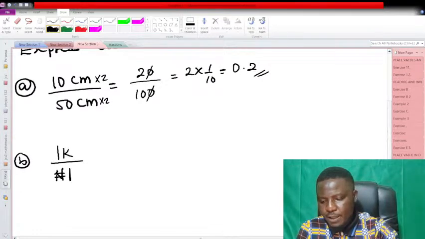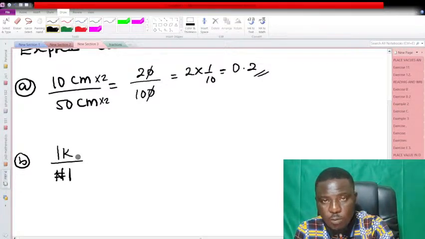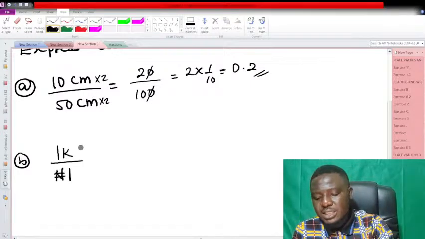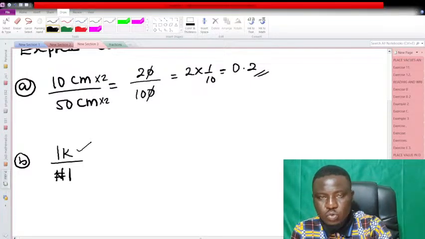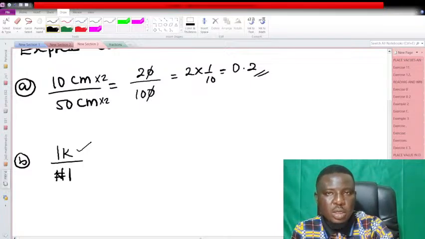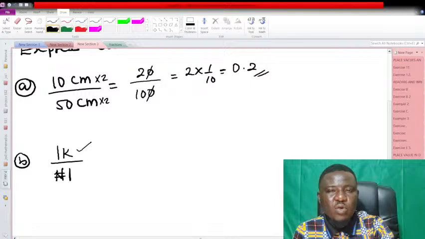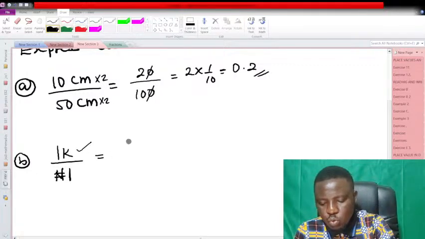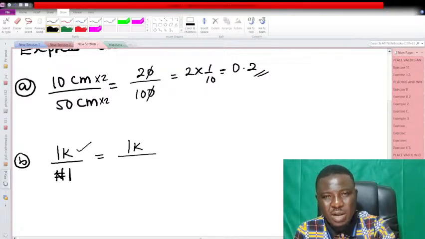B, you have 1 kobo divided by 1 naira. Now, it is either you convert kobo to naira or you convert naira back to kobo. In this example, I would prefer you convert the bigger one to match the smaller one, so as to make it easier for you. Now, this is equal to 1 kobo divided by, how many kobo can we get in 1 naira?